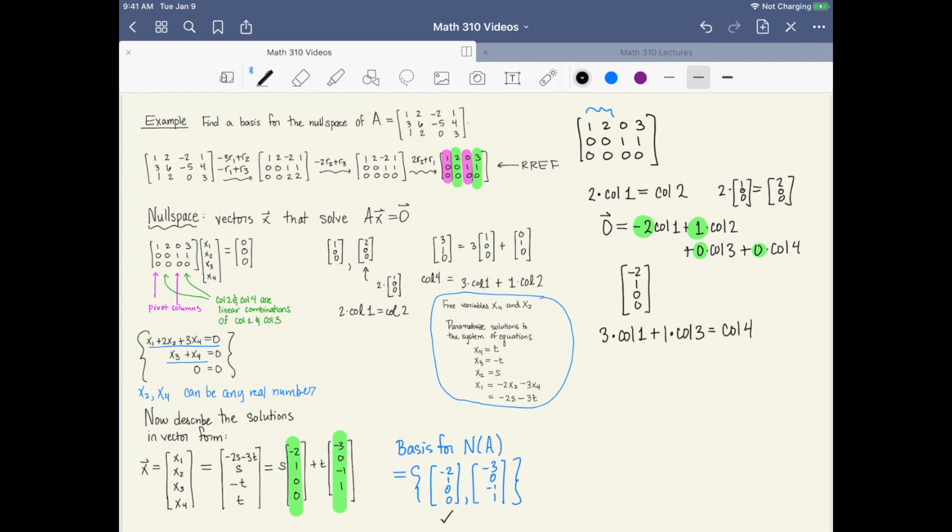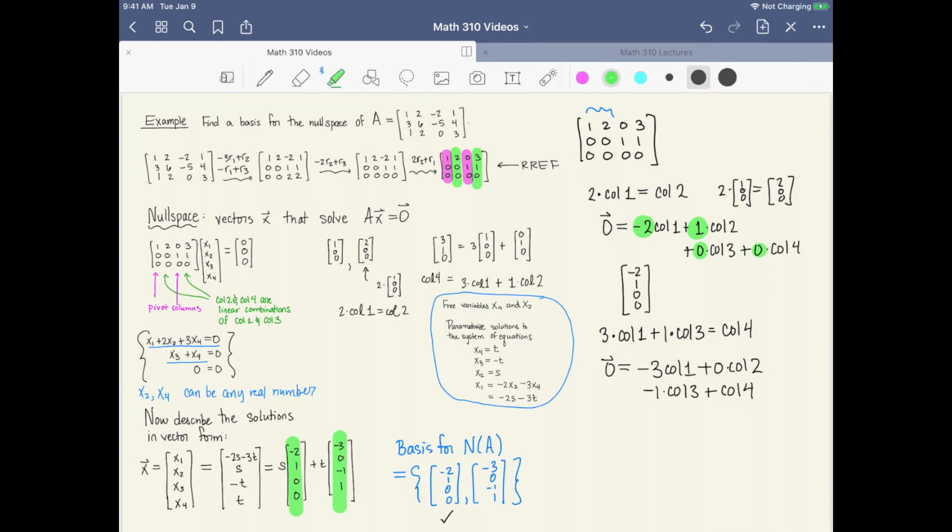So let me put everything on the same side of the equals now. The 0 vector can be written as -3 column 1, minus or plus 0 times column 2, which didn't factor in there at all, -1 column 3, plus column 4. That's the combination that gives me the 0 vector.